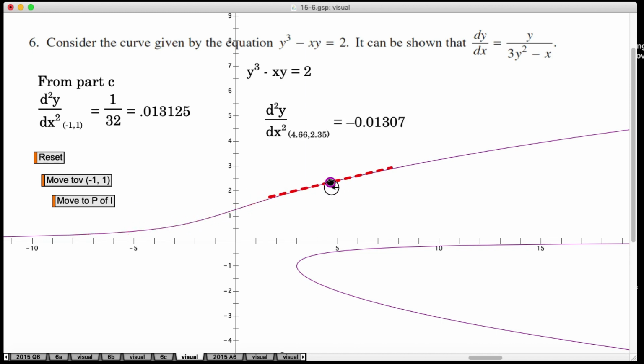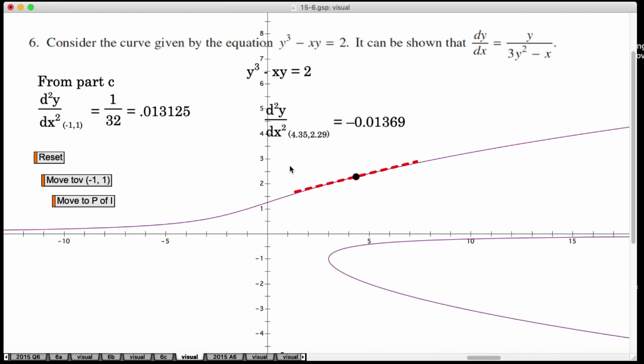That also tells us that there's a point of inflection someplace in here because it changed from concave up to concave down. And that point of inflection is right over here when x is 0. It's at the point 0, 1.26 is the point of inflection where the second derivative is equal to 0.